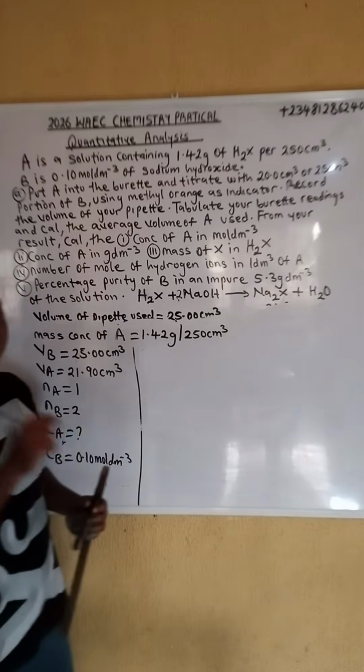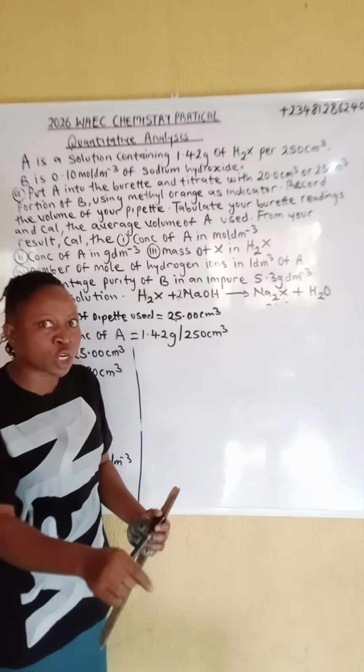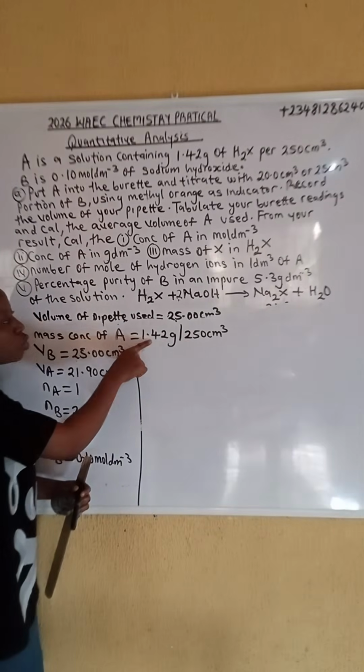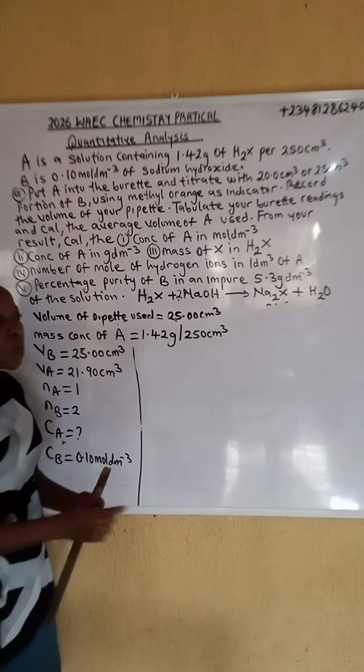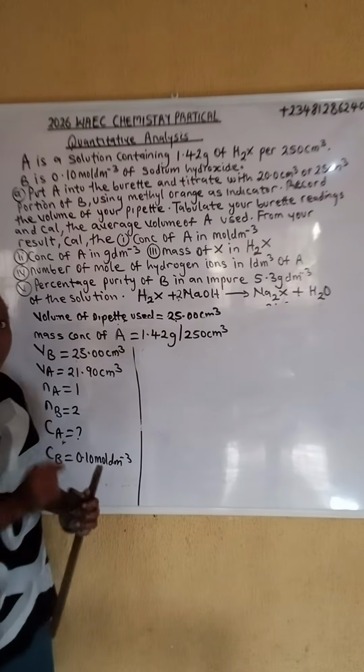That is, we are looking for the mass concentration of A in gram per dm cube, but they've given us the value in gram per centimeter cube. So what we are going to do is convert this to gram per dm cube.